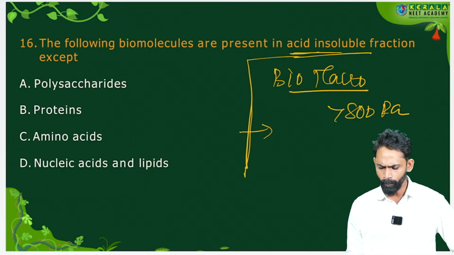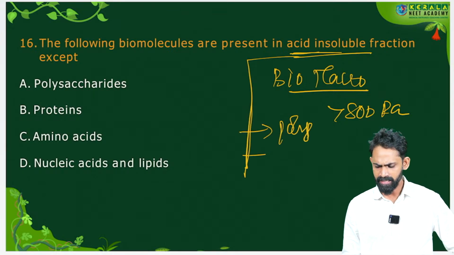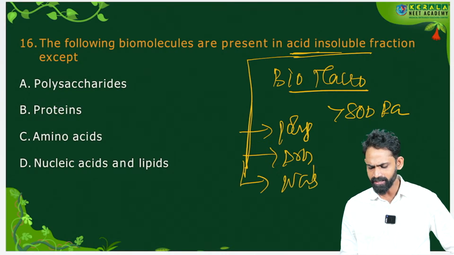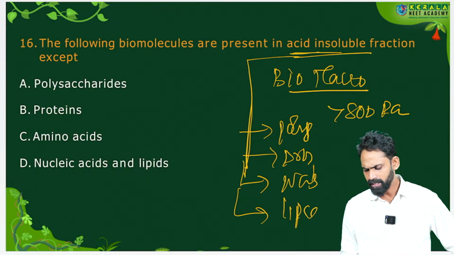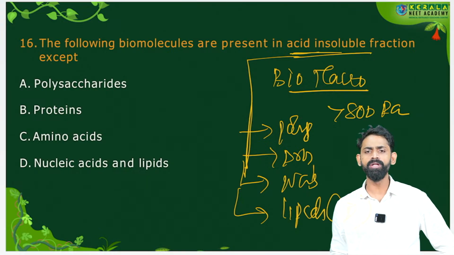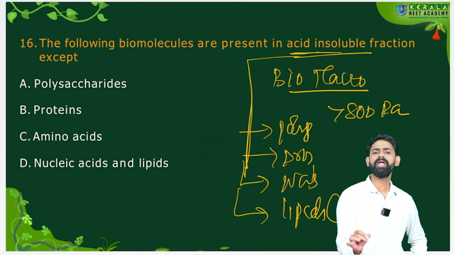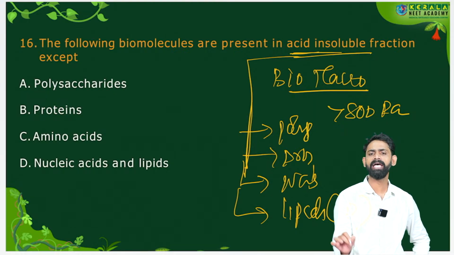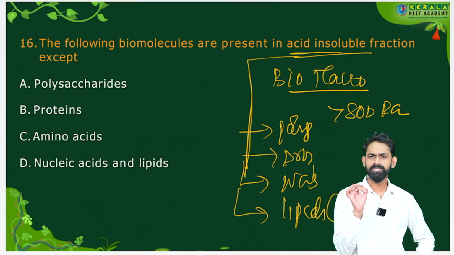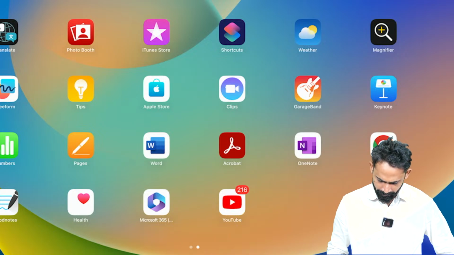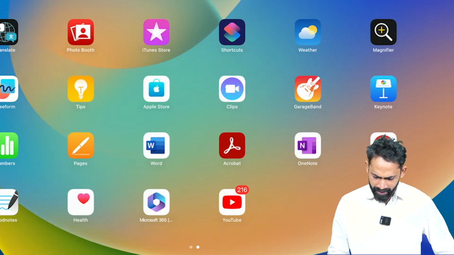That includes polysaccharides, proteins, nucleic acids, and lipids. Lipids means you should consider only phospholipids. These polysaccharides, proteins, nucleic acids and lipids are present in the acid insoluble fraction.